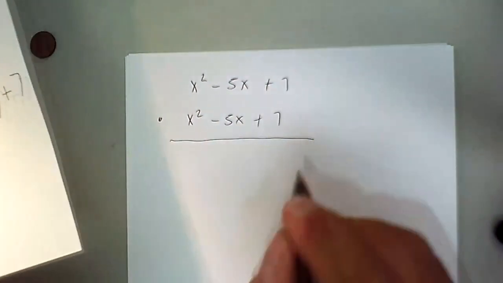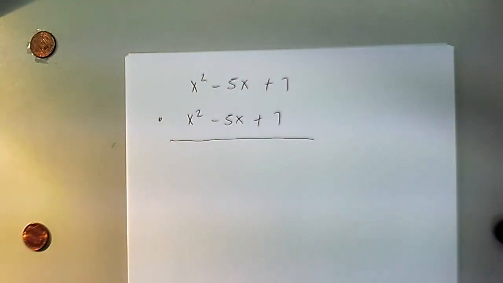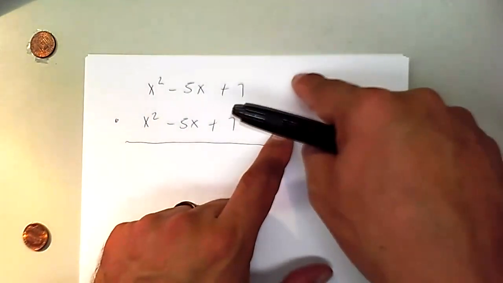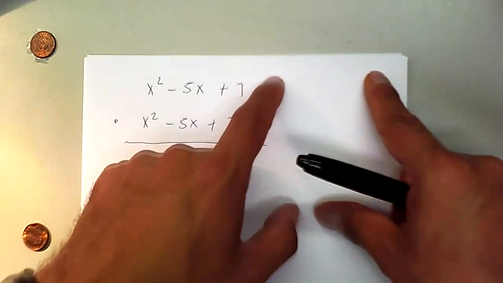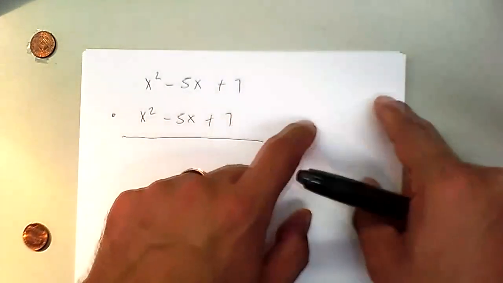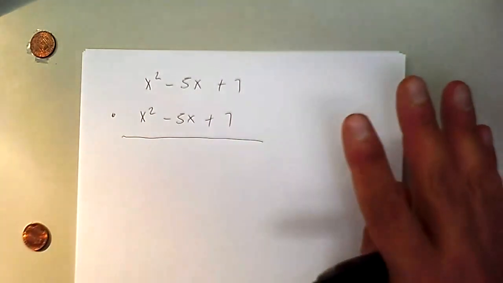Many of you have different ways of multiplying. Some of you will have a nice, neat table, where you put the polynomial on the top, and the other polynomial, which is itself, on the side, and then you multiply with little boxes. That's a perfectly good way to do it.